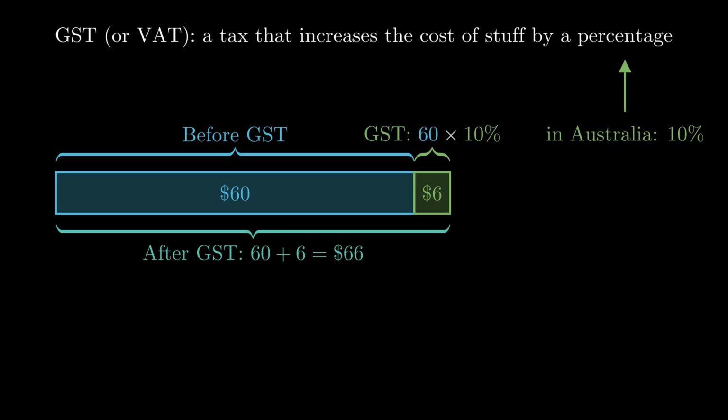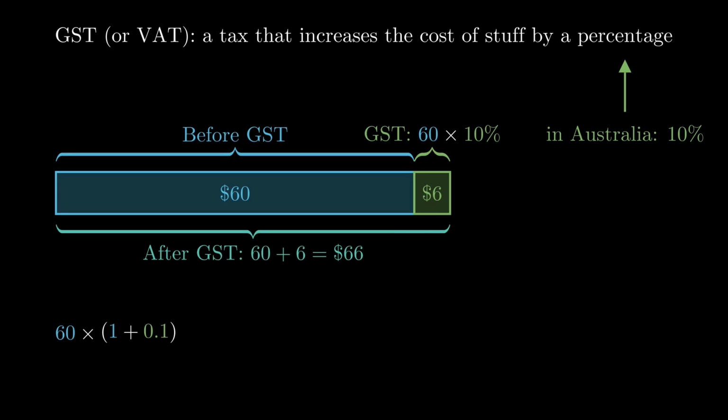Sometimes we're only interested in the before GST and after GST prices, so we can use our previous work on increasing by percentages to see a direct relationship between these two things. So notice if we take the 60, which is the before GST price, we can directly add the GST to it by increasing by 10%, which from our previous work would just be to multiply by 1 plus 0.1.